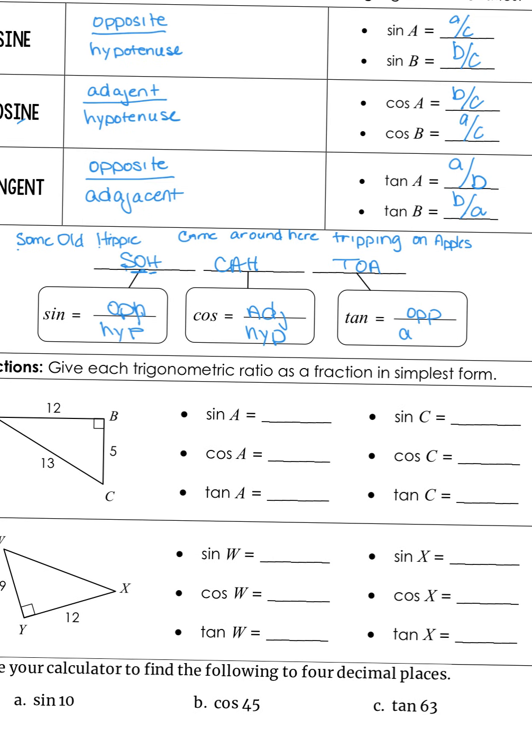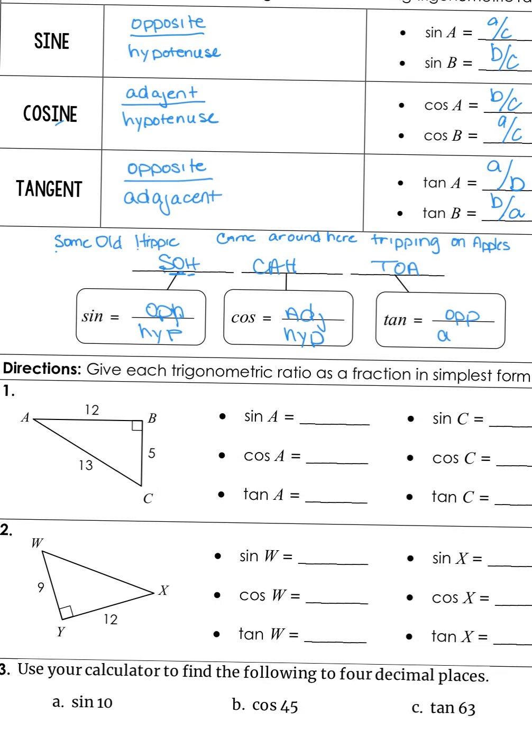So when I go to put the sides together, like you had to do for the homework assignment Friday and yesterday, we use that same idea, that same concept. So if I'm looking at angle A, sine is going to be opposite and hypotenuse. So opposite is the 5. The box points to my hypotenuse.